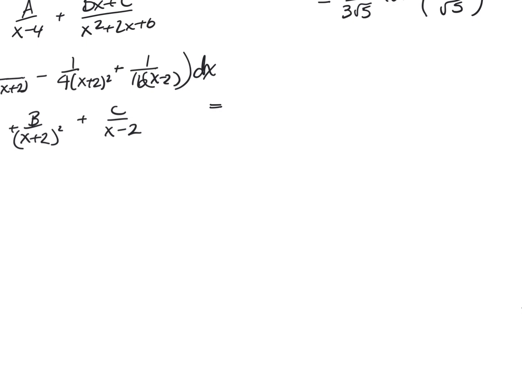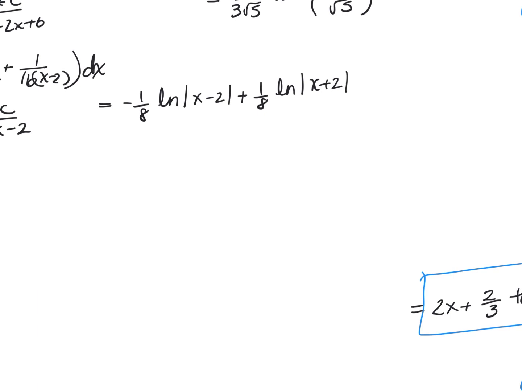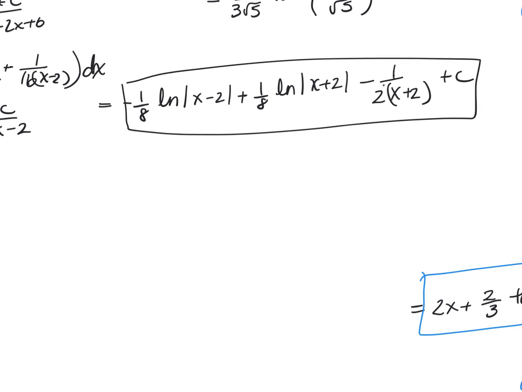When I get totally done, this is equal to negative 1 over 8 the natural log of the absolute value of x minus 2, plus 1 over 8 the natural log of the absolute value of x plus 2, and then plus 1 over 4 (x plus 2), and this should be minus. So that should be a minus, by the way. That should be minus 1 over 2 (x plus 2), plus C, and that is my final answer on that one.